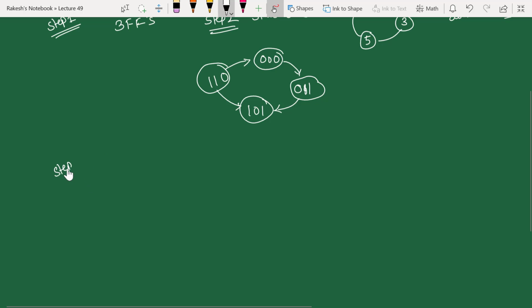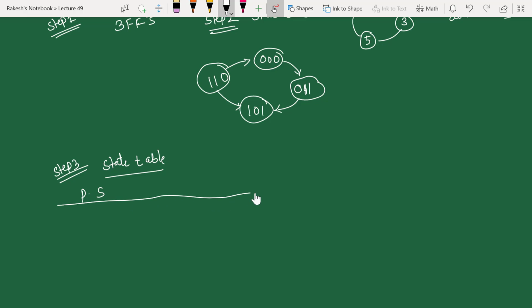So step number 3, let's take the state table. In the state table I am going to consider the present state, then the next state. So I am going to consider Q0, Q1, Q2, Q0 star, Q1 star and Q2 star.